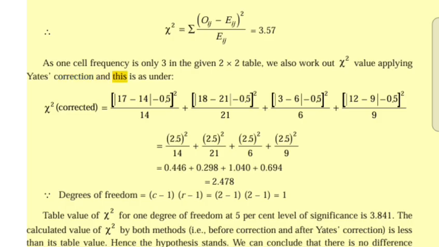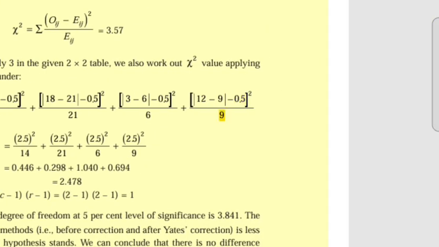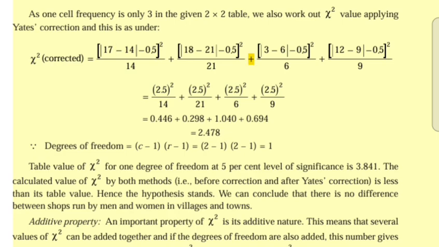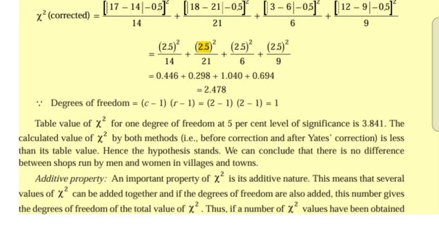Chi-square corrected equals (absolute value of 17 minus 14 minus 0.5) squared over 14, plus (absolute value of 18 minus 21 minus 0.5) squared over 21, plus (absolute value of 3 minus 6 minus 0.5) squared over 6, plus (absolute value of 12 minus 9 minus 0.5) squared over 9, equals 2.5 squared over 14, plus 2.5 squared over 21, plus 2.5 squared over 6, plus 2.5 squared over 9, equals 0.446 plus 0.298 plus 1.040 plus 0.694 equals 2.478.